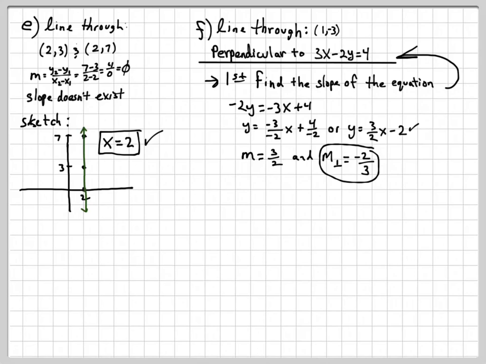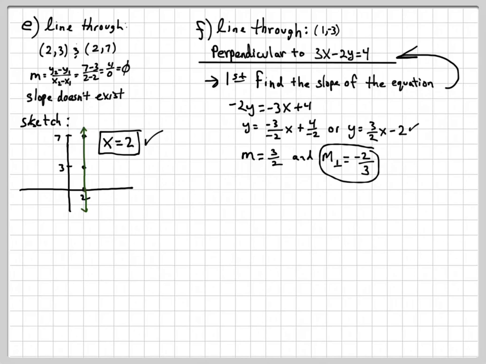So I'll get negative 2/3 is the perpendicular slope, and that is the slope that I'm going to want to use to write my perpendicular equation. Okay, if it said parallel, I wouldn't do this. I would use the slope 3/2. But once again, the question says that it has a requirement that it's perpendicular. So I do the negative reciprocal.